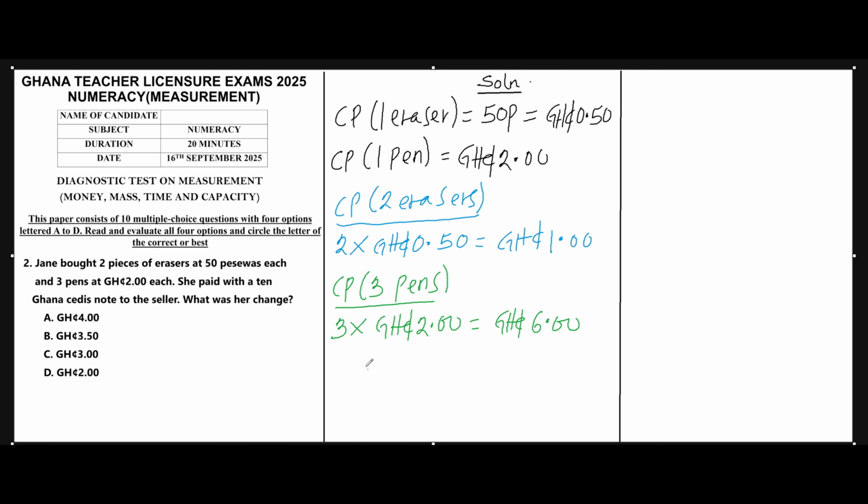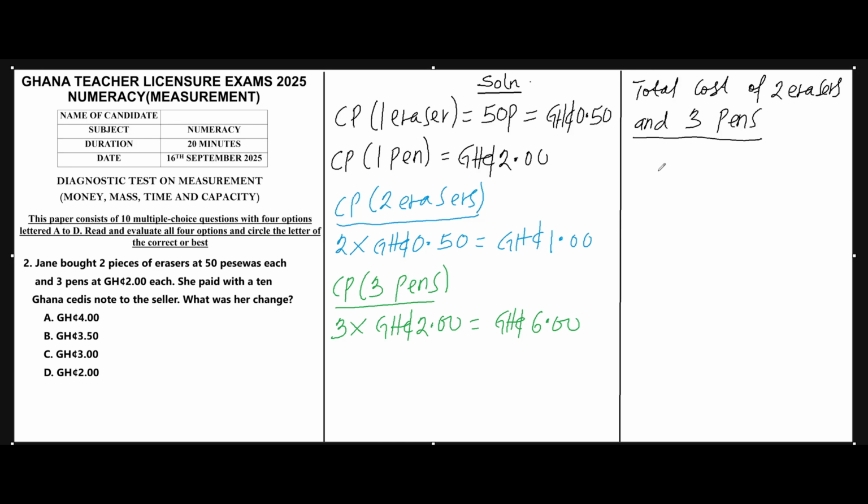So the next thing we do is let's find the total cost of all the items bought by Jane. We are looking at the total cost of 2 erasers and 3 pens.